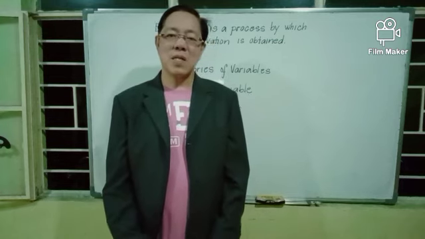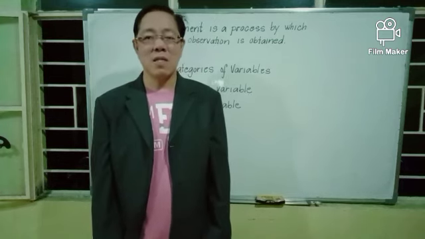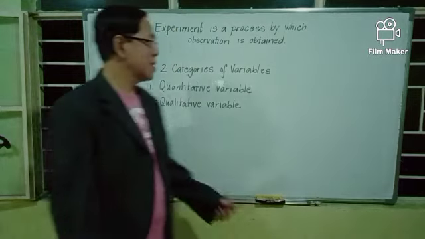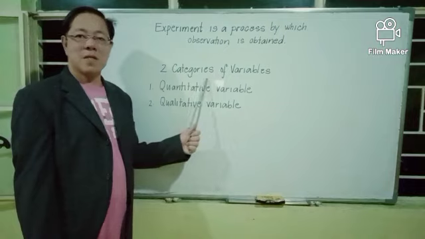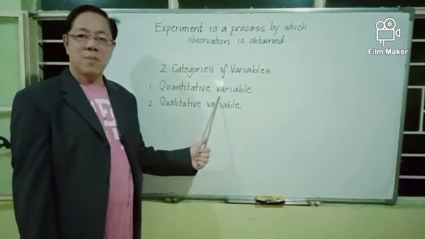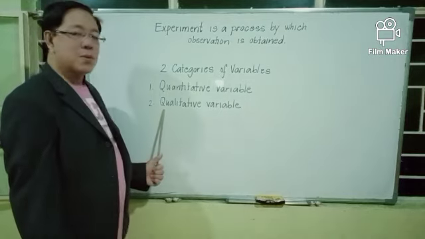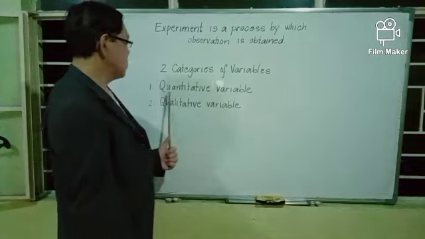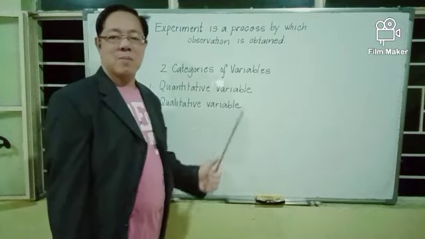These characteristics or variables can be categorized into two categories of variables. Number 1, quantitative variable. Number 2, qualitative variable. We start with quantitative variable.